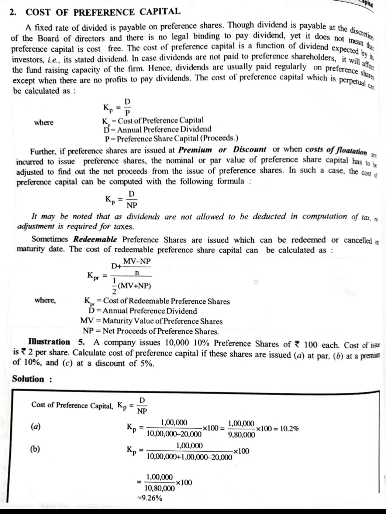Net proceeds will be, first of all, my face value, plus premium if any, or minus discount if any, minus any cost on issue. So I have face value of 10 lakh rupees.